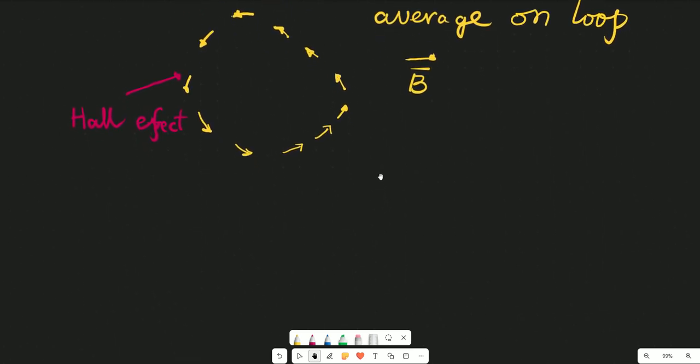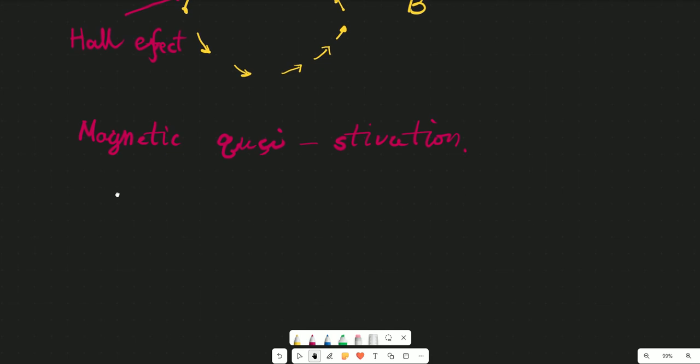In a magnetic quasi-static situation, the average magnetic field is equal to the magnetic field.